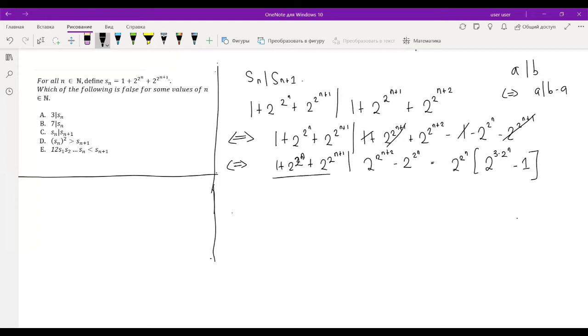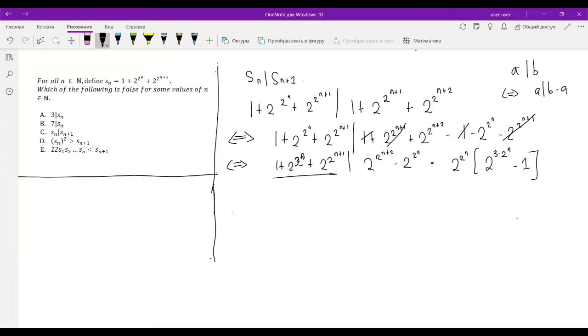Clearly this is an odd number, because an even number plus an odd number is odd. And this right hand side is a product of some powers of 2 times an odd number.